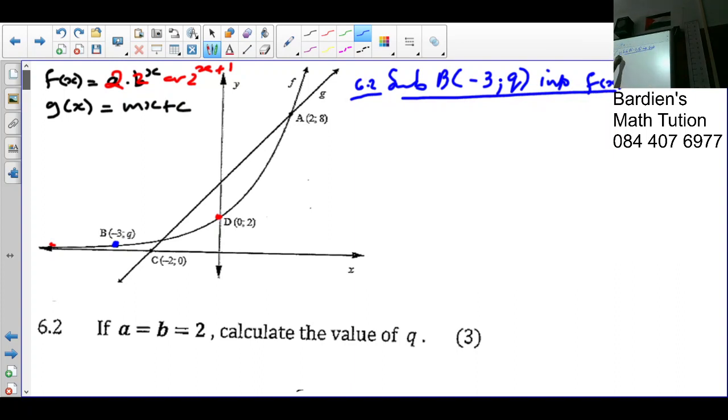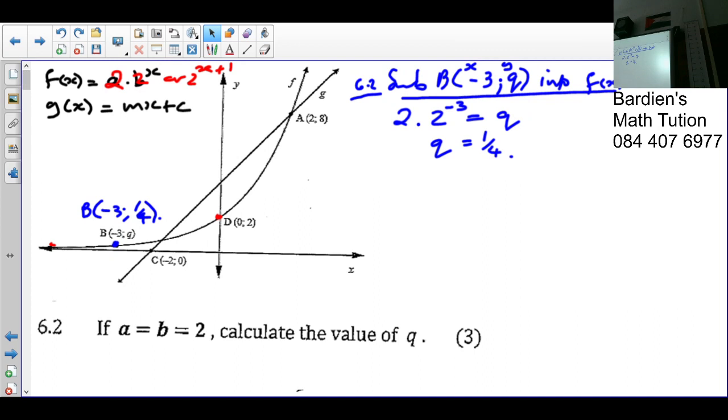Remember the equation of f of x now is 2 times 2 to the x, which is negative 3, equals, remember x and y, it's your q. So q is going to be a quarter. Let's check if that's correct. So b is going to be negative 3 and a quarter now. Any confusion there? No?